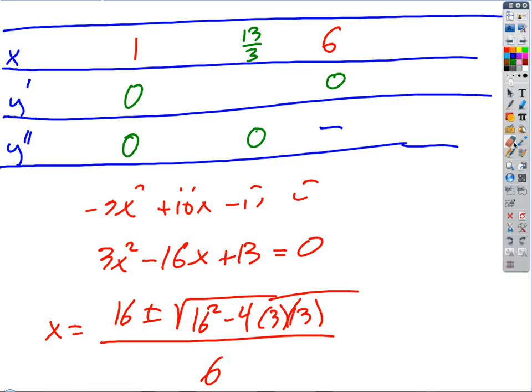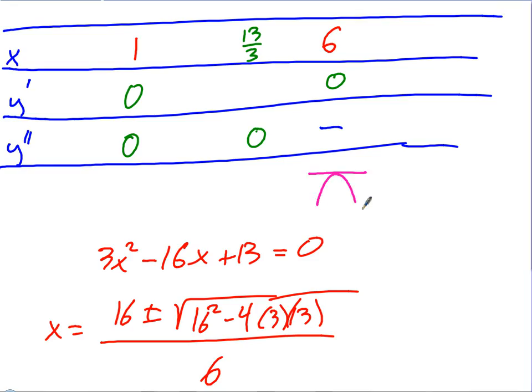The second derivative tells us if the function's happy or sad. It's sad. So we got a horizontal tangent, negative concavity. It's a sad function. It's a maximum, right? So we've got to test a value now in between and over here.